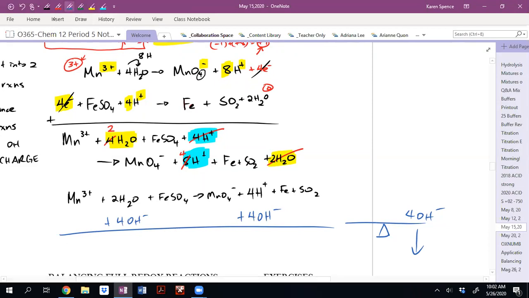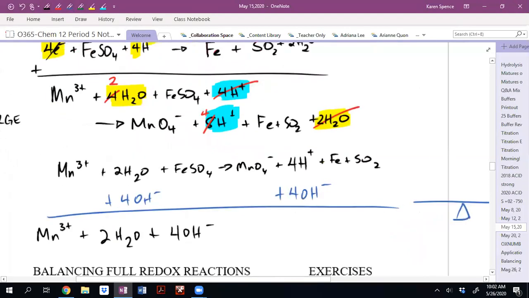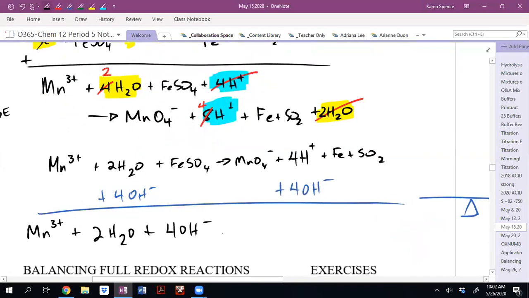Where'd we go? Mn3+ plus 2H2O plus 4OH- plus FeSO4 goes to MnO4- plus, these 2 guys get together and they make, what do they make?